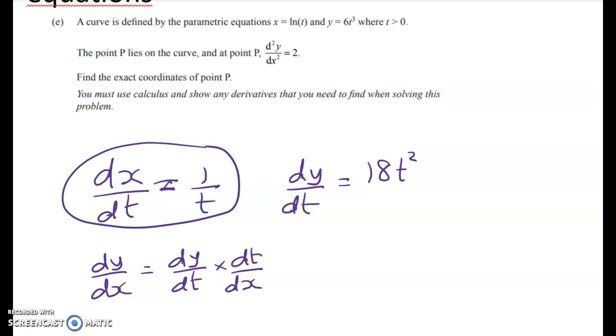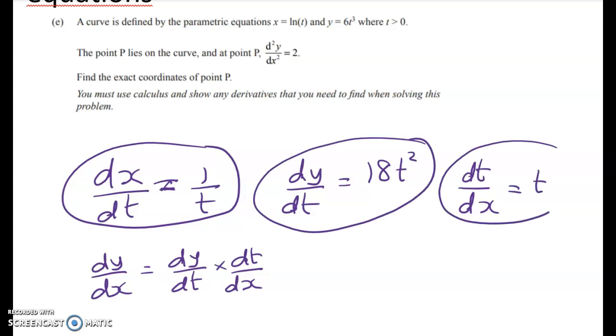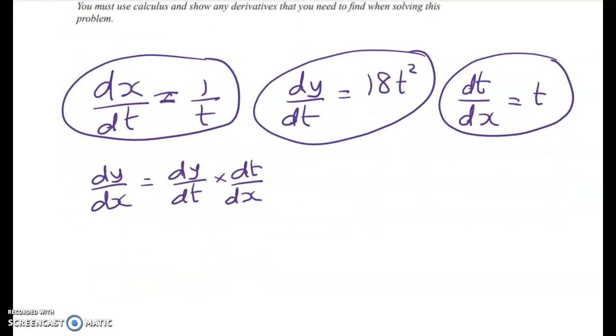So we know that dx by dt is 1 over t. Dt by dx is equal to the reciprocal of that, which is t. So we're going to use all three of these derivatives. So dy by dx is equal to 18t squared times t, which is 18t cubed.